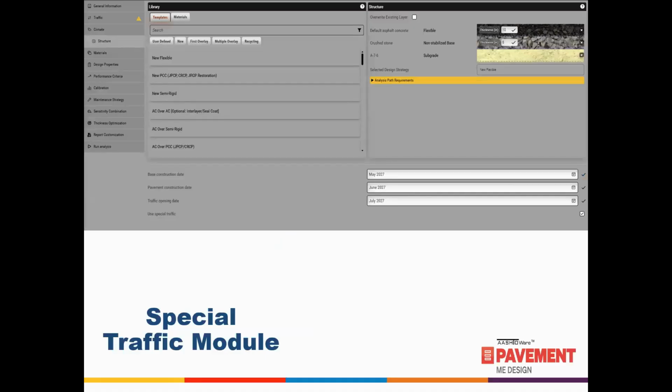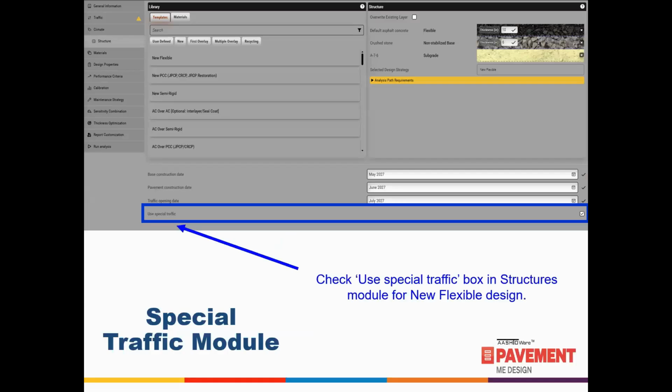So, the special traffic module. Now, where is it? Okay, one, it's only available for new flexible designs. You can't use it for concrete, can't use it for semi-rigid, can't even use it for an asphalt overlay on an asphalt pavement, and that's primarily because the stress intensity factors for reflection cracking in this situation have not been worked out for the special traffic module.